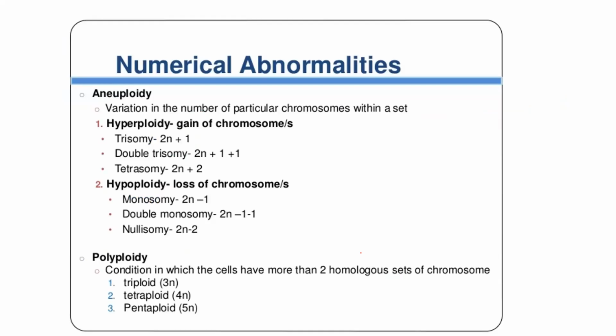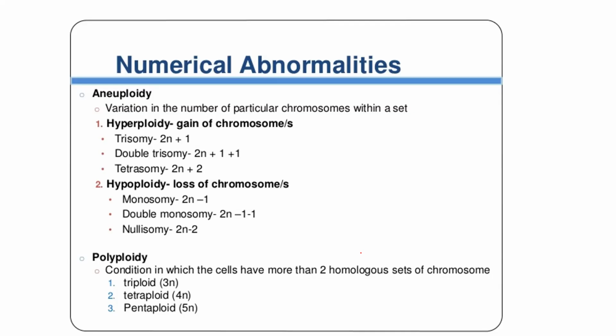Now numerical abnormalities. As we have seen, aneuploidy is variation in the number of particular chromosomes within a set. There are two types of aneuploidy, hyperploidy and hypoploidy. Hypoploidy is loss of a chromosome or chromosomes. So monosomy is the 2n minus 1 condition. If there is a double monosomy, you write 2n minus 1 minus 1.